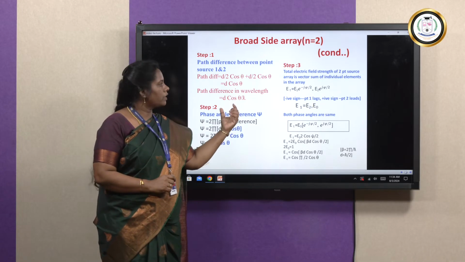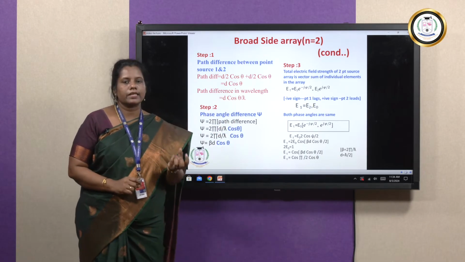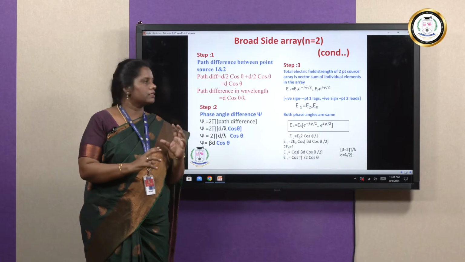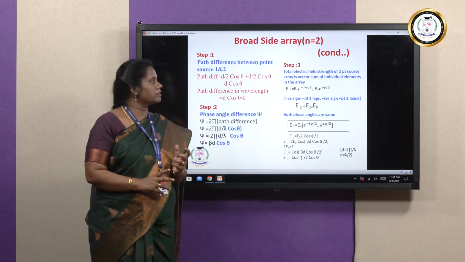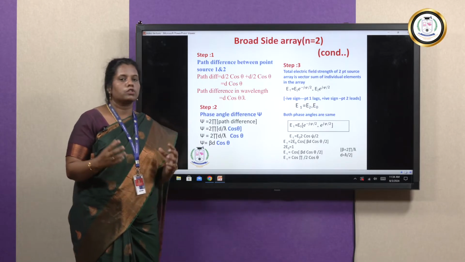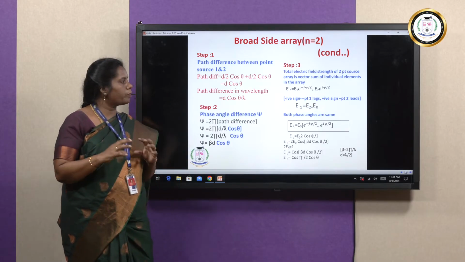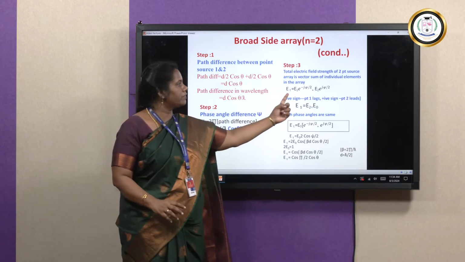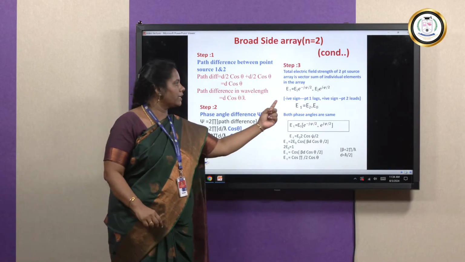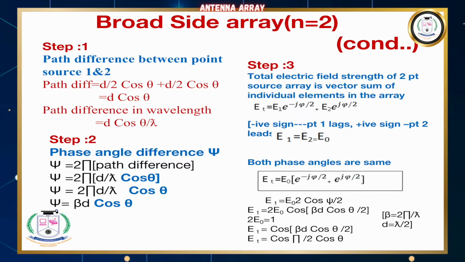Next, we are going to analyze the electric field strength of the two antennas. The first antenna has its own amplitude and phase, and the second antenna has its own amplitude and phase. The total electric field of 2-point sources is the vector sum of the individual elements, that is ET is equal to E1 e power minus j psi by 2 plus E2 e power j psi by 2, where E1 and E2 are the amplitudes of point source 1 and point source 2.